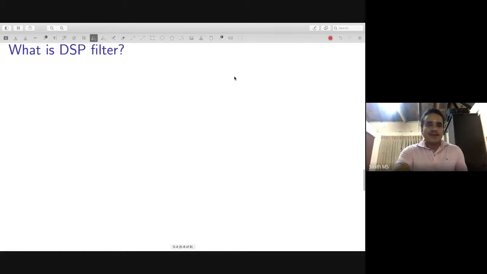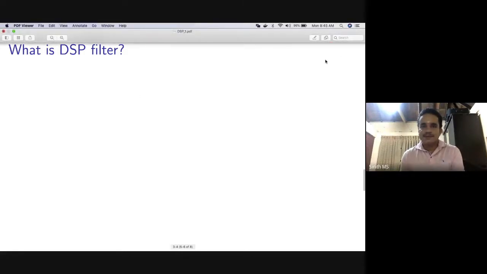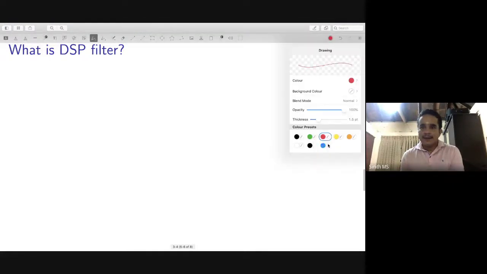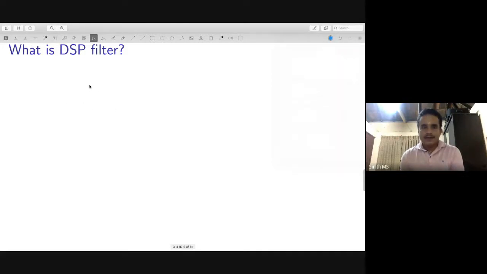Okay. So what is basically a DSP filter? Let us see what a filter is. Let us take a transfer function H(z) equal to 1 plus z inverse.